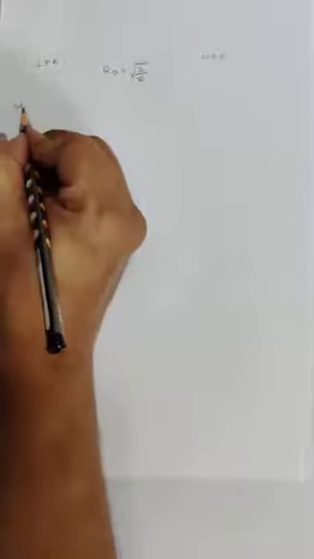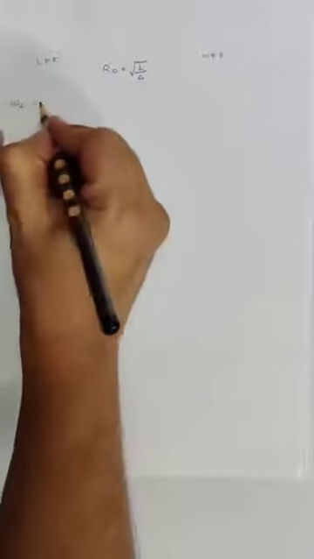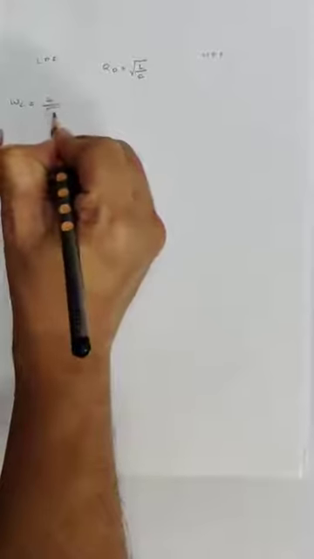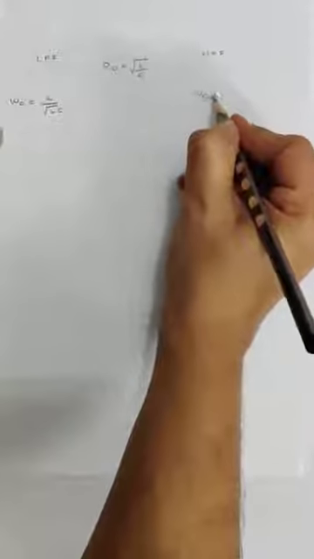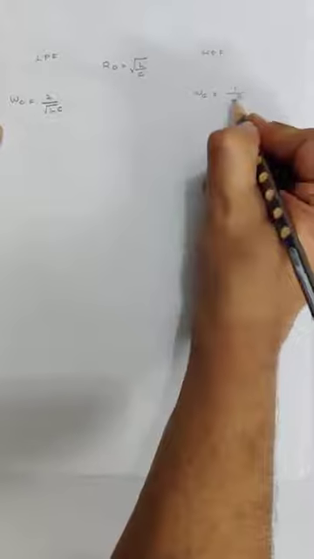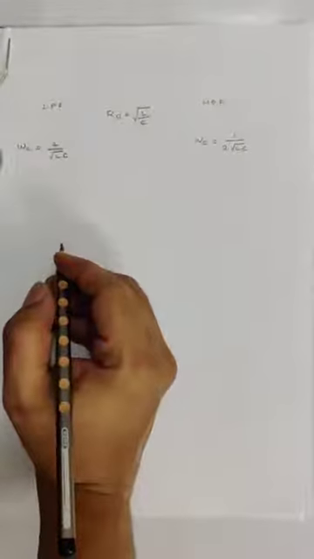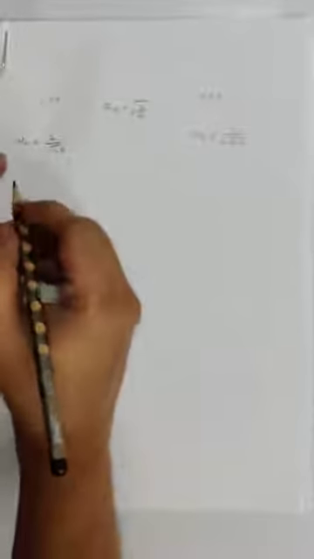The cutoff frequency in low pass filter is given as 2 by root LC, while that in high pass filter is given as 1 by 2 root LC. Only this 2 you have to place in the denominator.